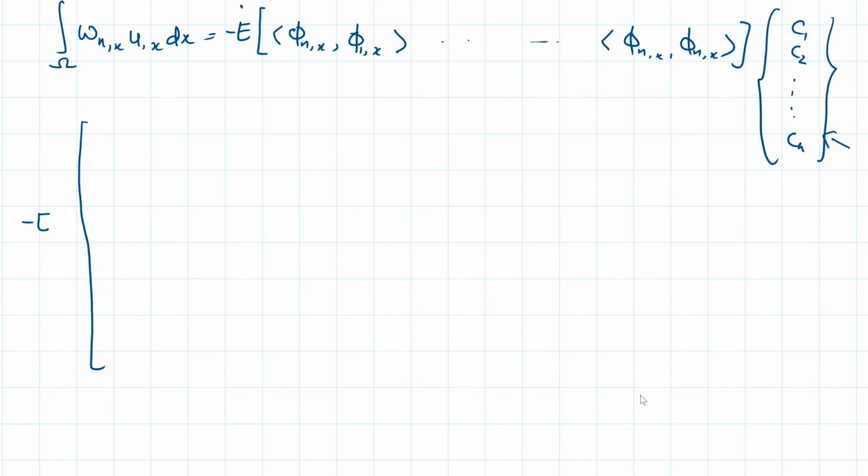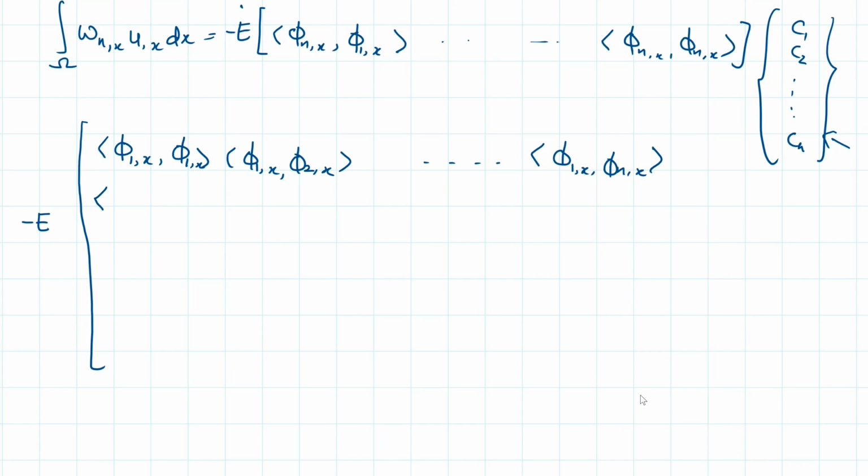The matrix is multiplied with negative e. In the matrix, all the elements are inner products: phi1(x) with phi1(x), phi1(x) with phi2(x), all the way up to phi1(x) with phi(n)(x).